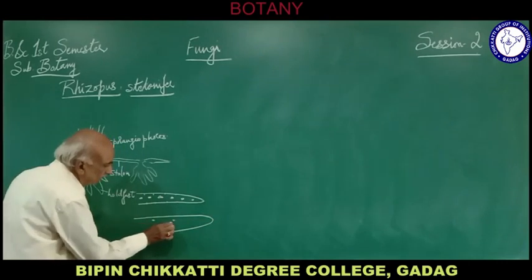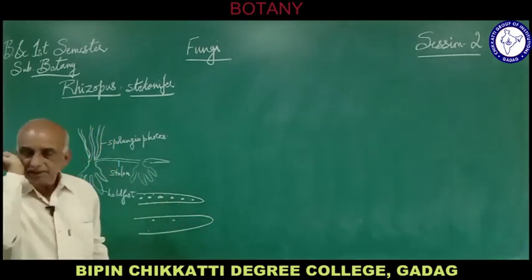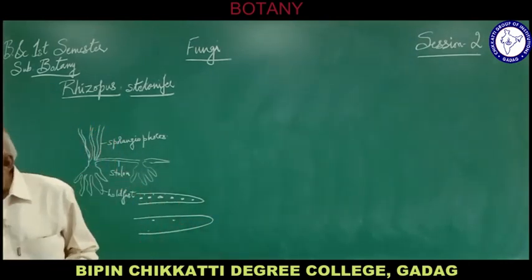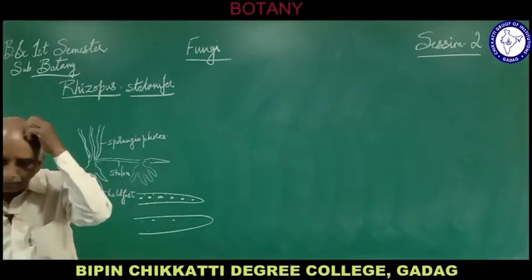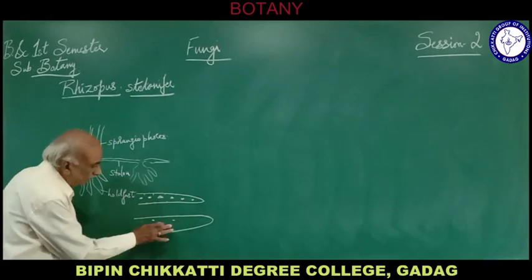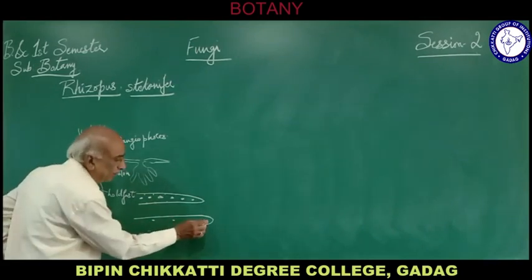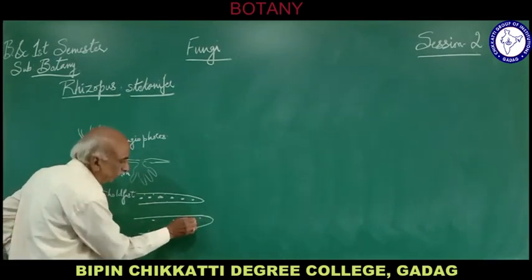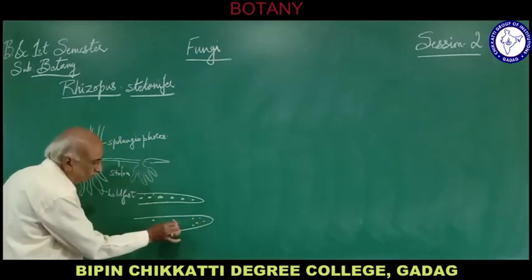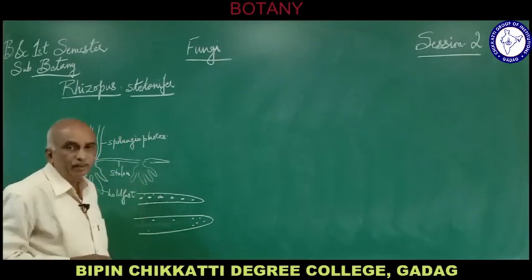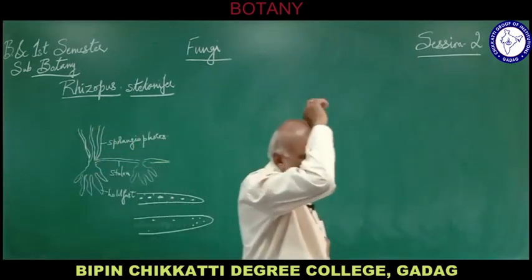In the center there is a vacuole. In the older hyphae the vacuoles are clear, but in the tip of the hyphae the vacuoles are not clear. You can see the vacuole present clearly in the older hyphae. Actually there are many vacuoles.